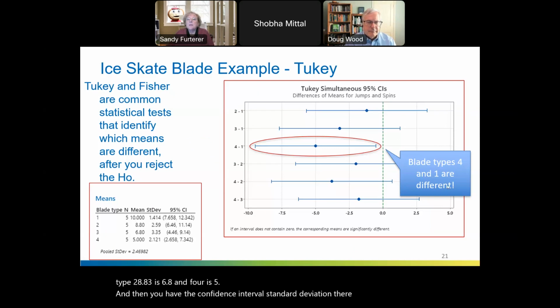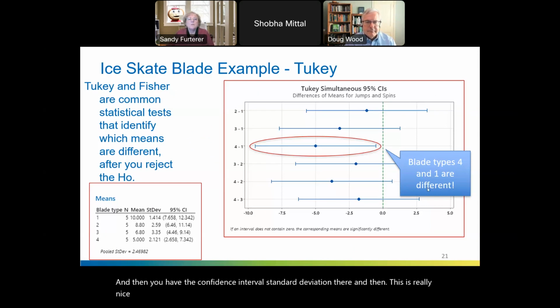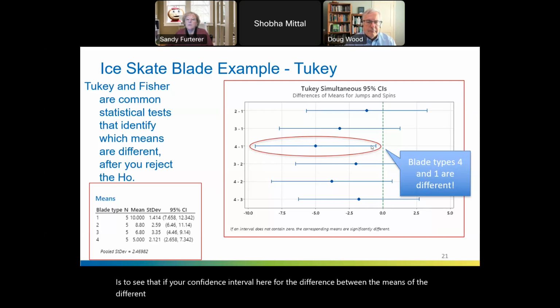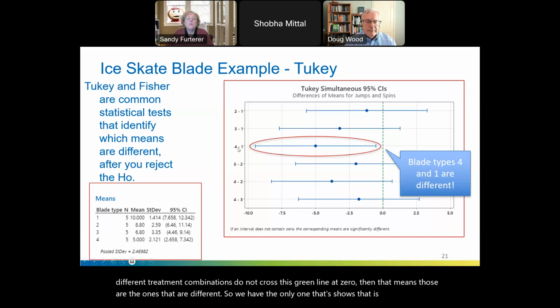And this is really nice because what this helps us see is that if your confidence interval for the difference between the means of the different treatment combinations does not cross this green line at 0, then those are the ones that are different. So the only one that shows that is different is 1 to 4.